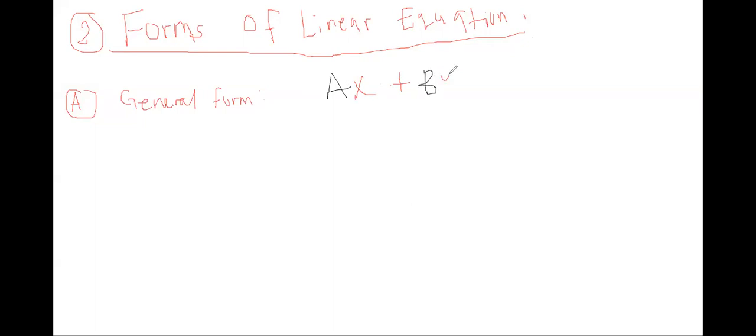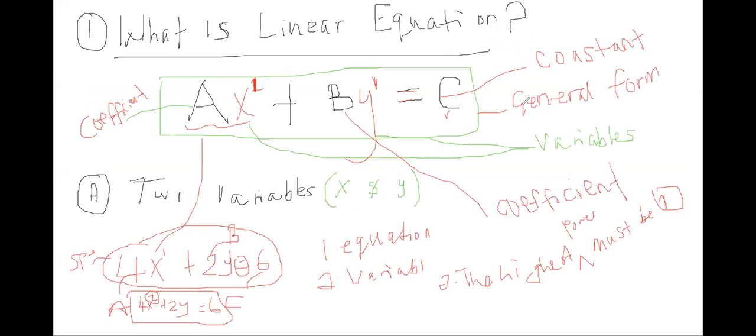So we have ax plus by minus c equals to 0. So this is the general form. If we want to turn the general form to standard form, which we have just looked at, now this is a standard form, but here the word general I use means that we are not making it more specific, like using 4 and 2.